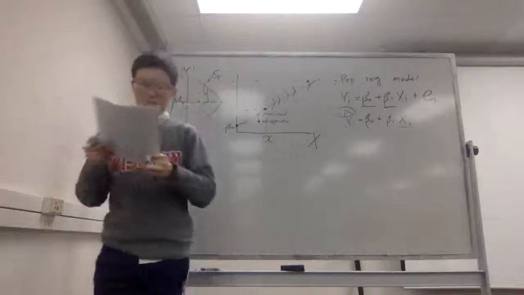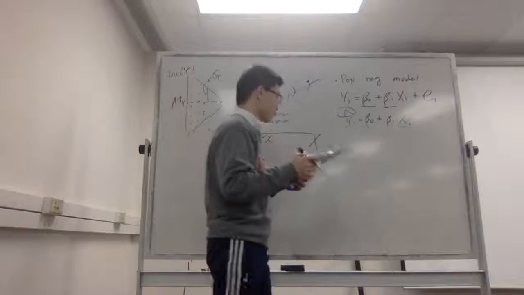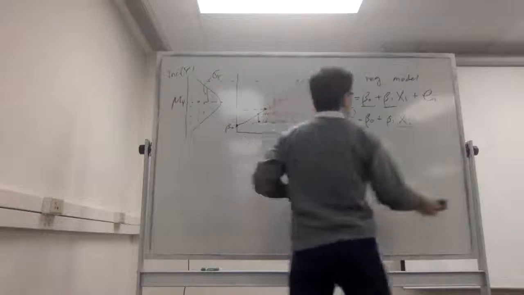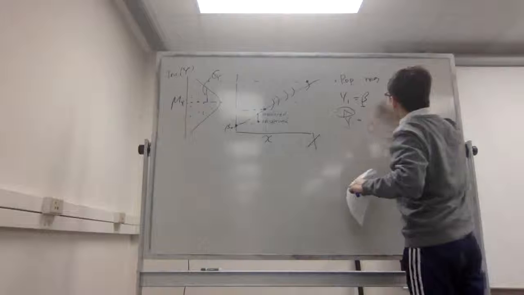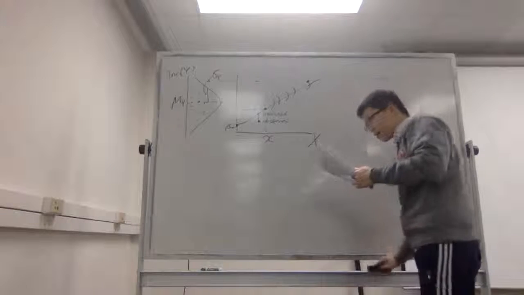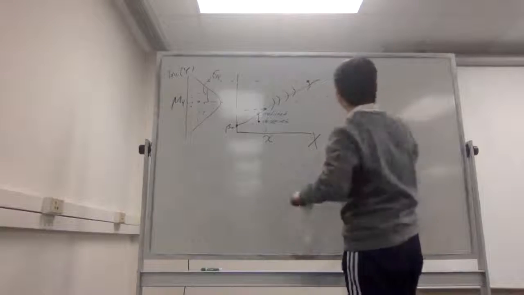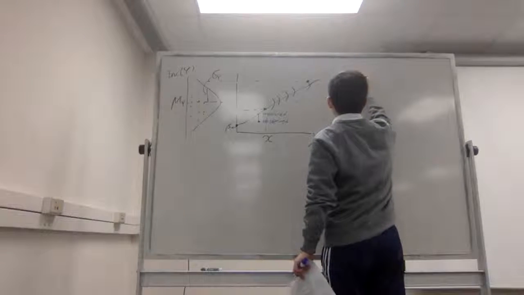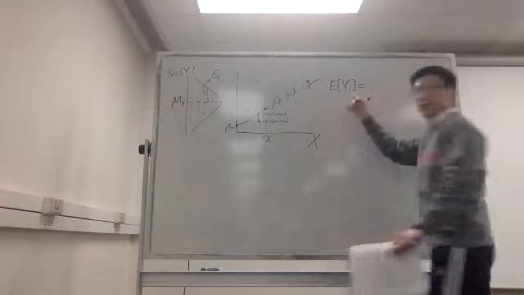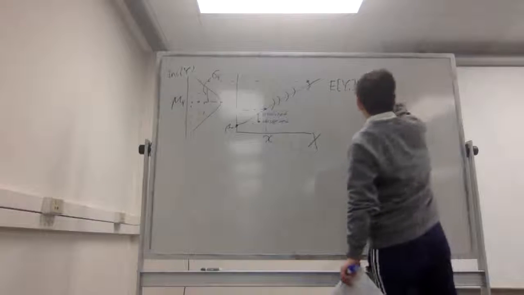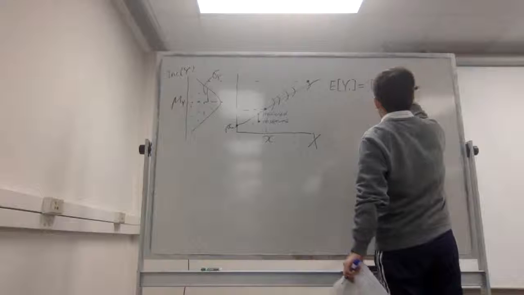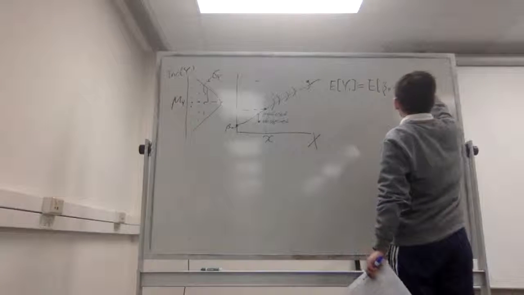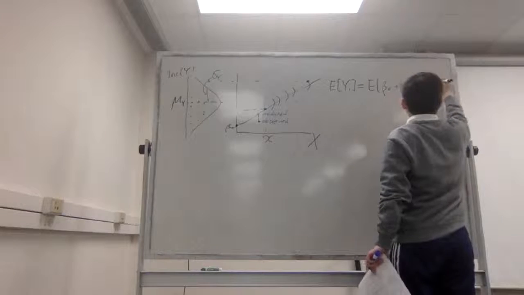Okay. In this case, let's delve into a more formal mathematical notation. The expected value of yi is the expected value of beta 0 plus beta 1 times xi plus ei.